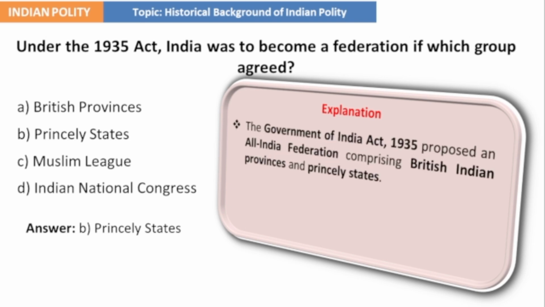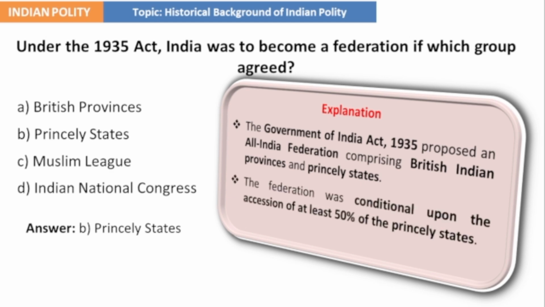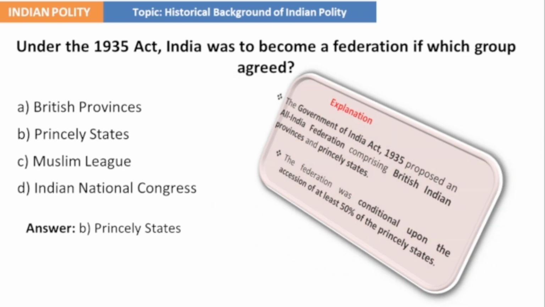The Government of India Act 1935 proposed an all India federation comprising British Indian provinces and princely states. The federation was conditional upon the accession of at least 50% of princely states.